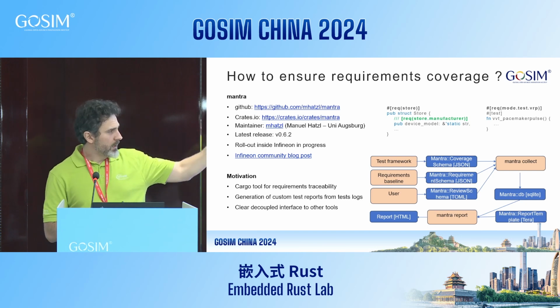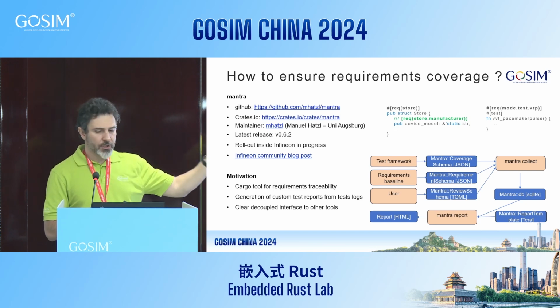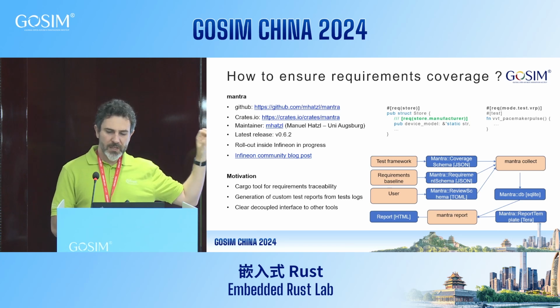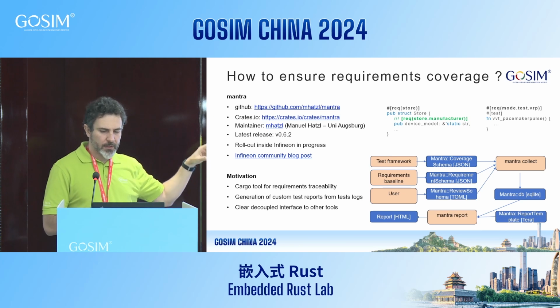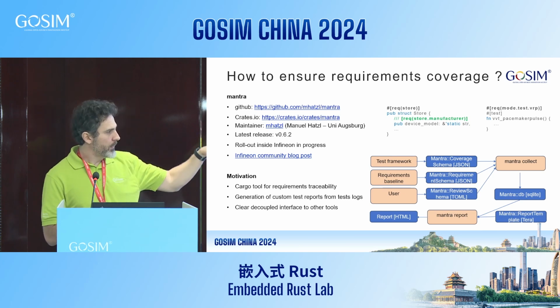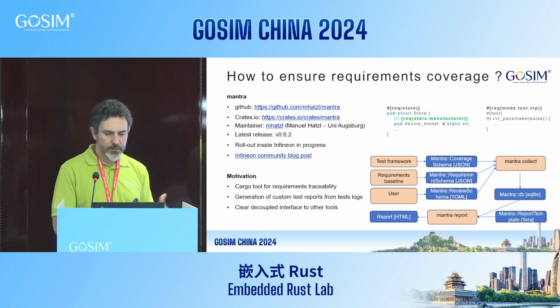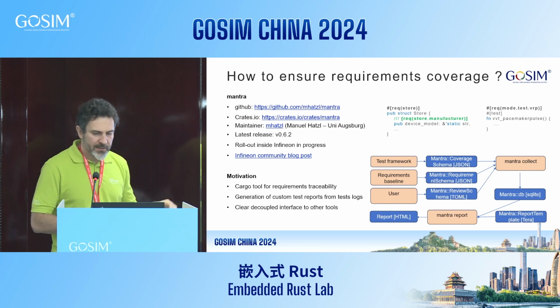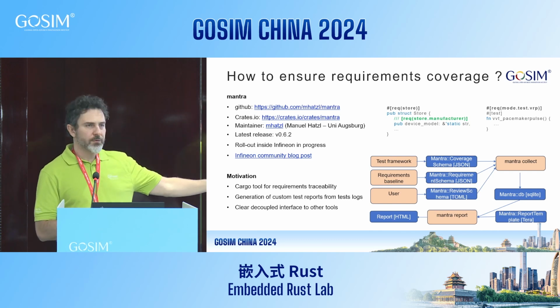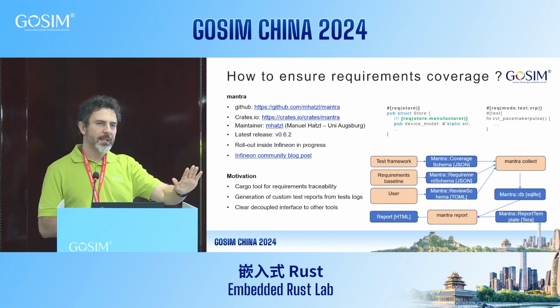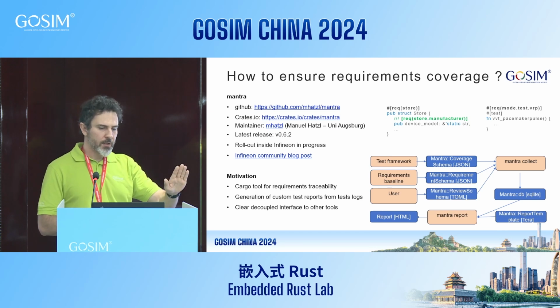These three inputs are collected by Mantra. It generates a local database, and you can have a test report generated from it. And in this test report, you can also control its layout as you like using a Tera template. And this is nice because with this test report, you can hand it over to your quality manager and say, hey, here is my test.